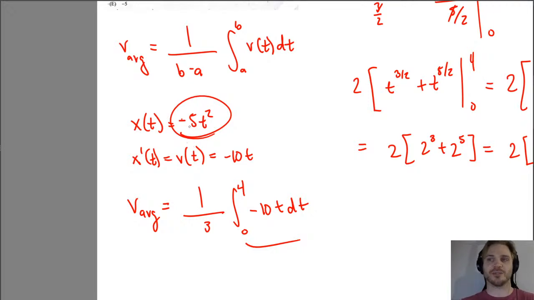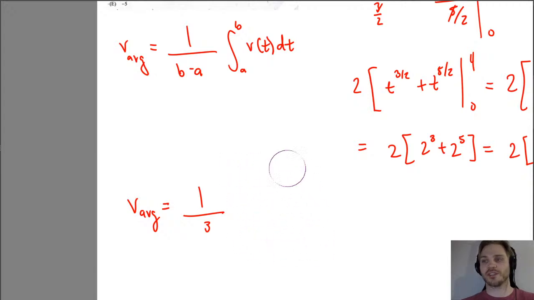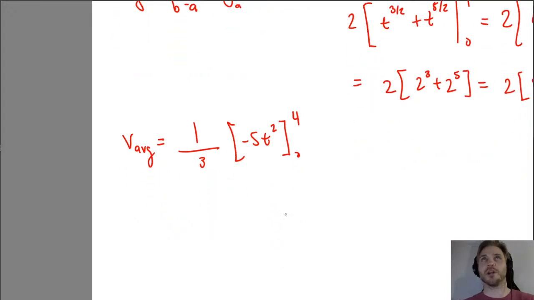So I didn't really need to go through that whole mess of taking the derivative to get this. Like, I know what the antiderivative is. So this is just negative 5t squared from 0 to 4. I guess it probably helps to elucidate what's going on, but if you know that, you don't have to go through all that mess. The integral of the derivative is the function back.